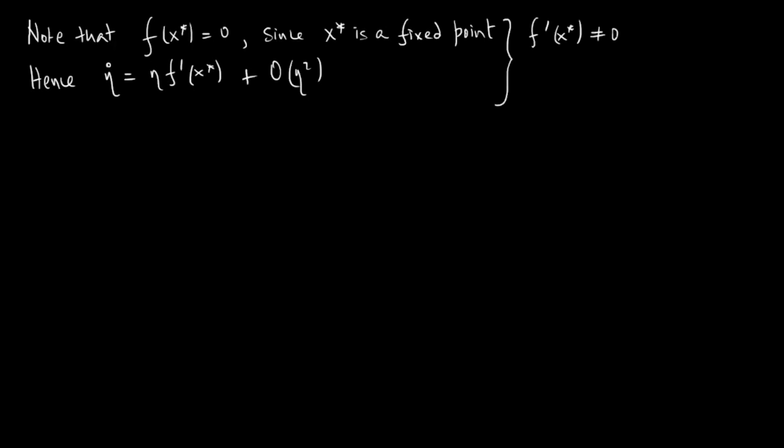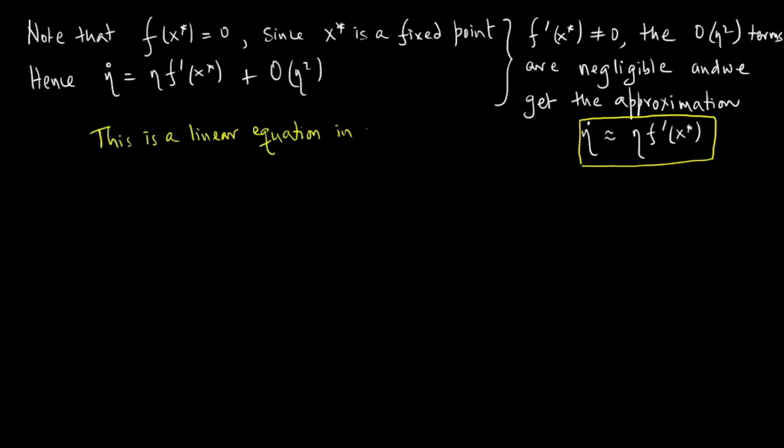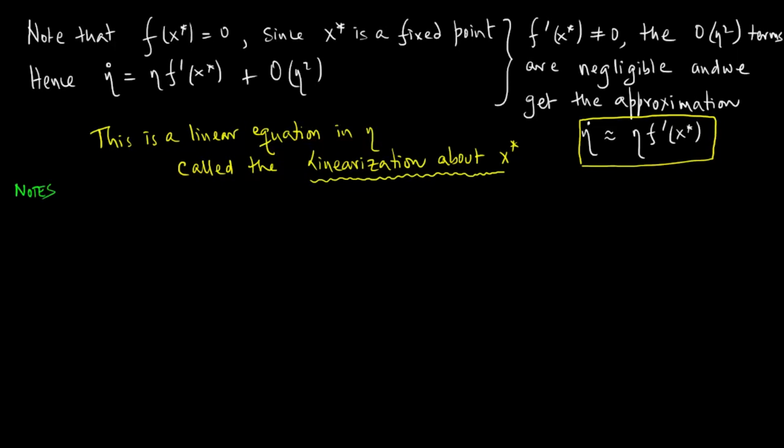If f prime of x star is not equal to 0, the order eta squared terms are in fact negligible, and we get the following approximation: eta dot is equal to eta times f prime of x star. Now this is a linear equation in eta, which is called the linearization about x star. Now here are some notes.